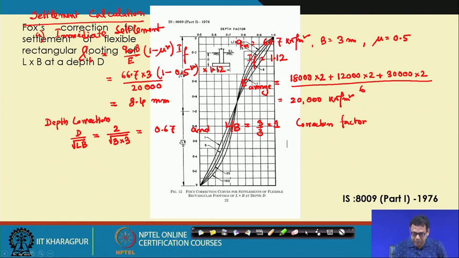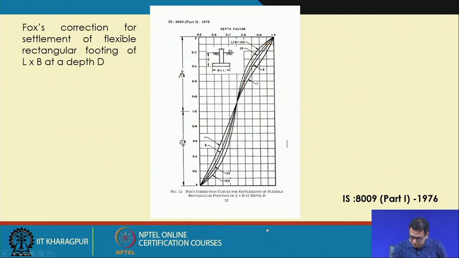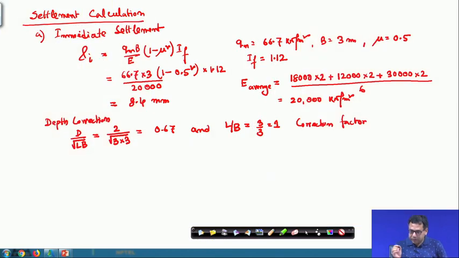As I mentioned, the lower portion is root L B divided by d. It is just the opposite. This portion we will use for the shallow foundation, and this portion we will use for the deep foundation. Later on, I will use this portion in the problem when we solve the settlement of a deep foundation or pile foundation. That means correction factor is 0.81.